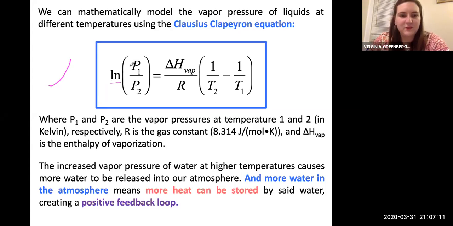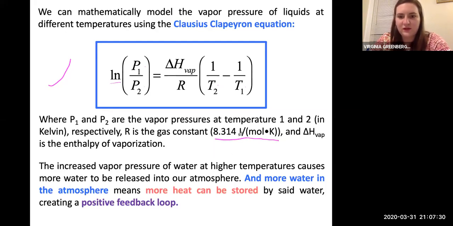Okay. And so we relate the two pressures at the different temperatures here. And we have to include our gas constant. And for this equation, we would use this 8.314 joules per mole Kelvin term.